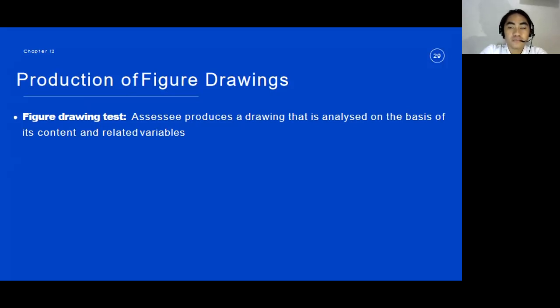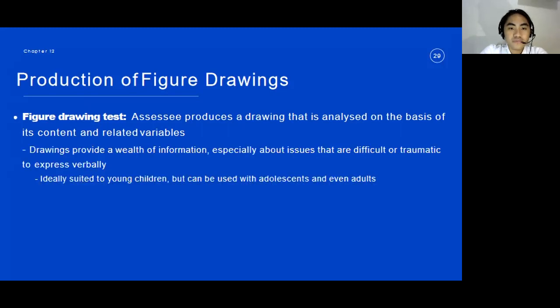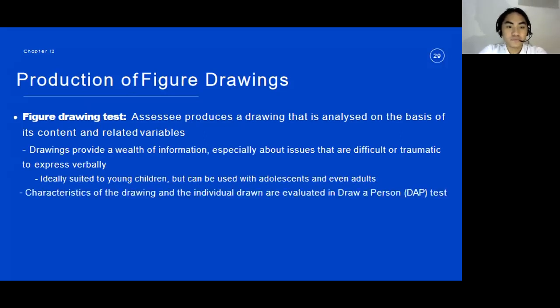That might give you some insight into the child's life. So drawings provide a wealth of information, especially about issues that are difficult or traumatic to express verbally. Ideally suited to young children, but can be used with adolescents and even adults. So there is a test called the Draw-a-Person test.